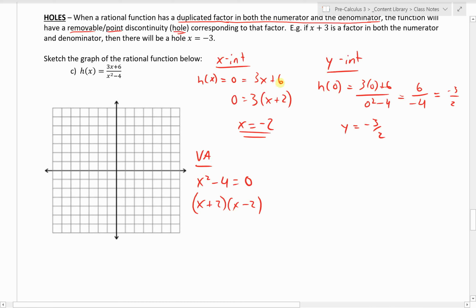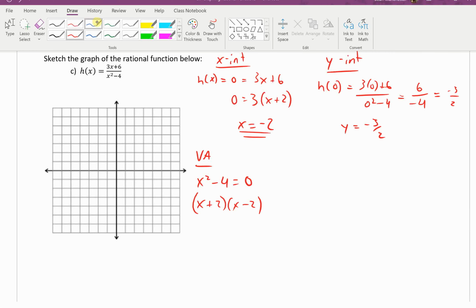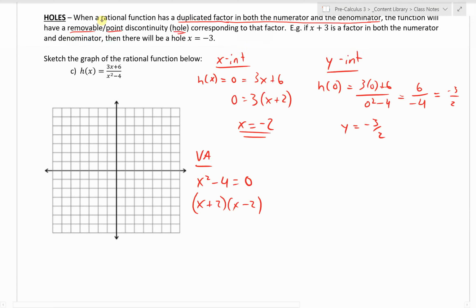But we'll notice that I have a repeating factor in the numerator and in the denominator. And this is the case where I have a hole.